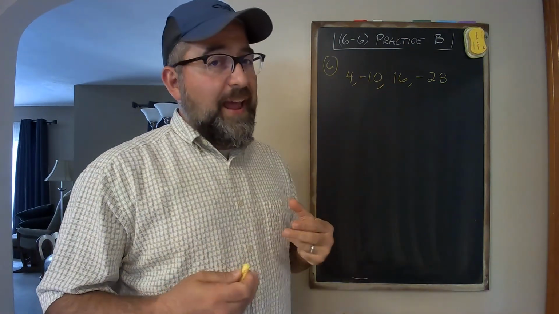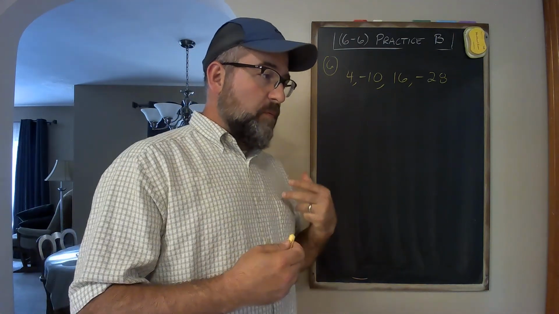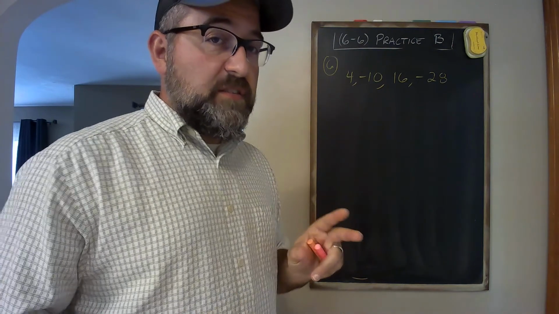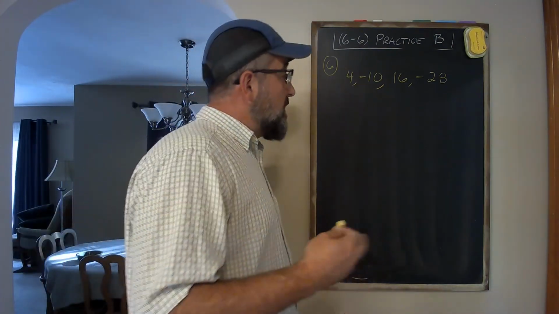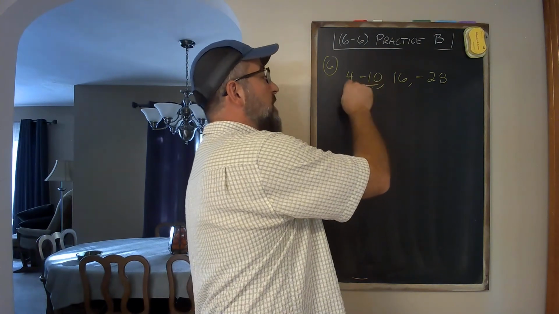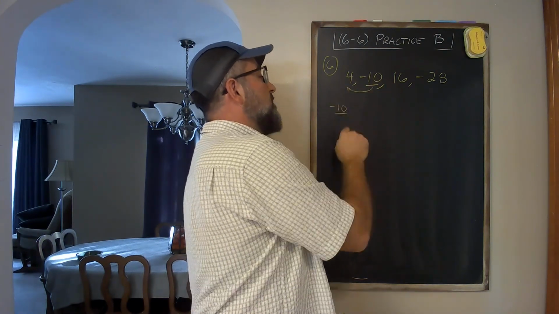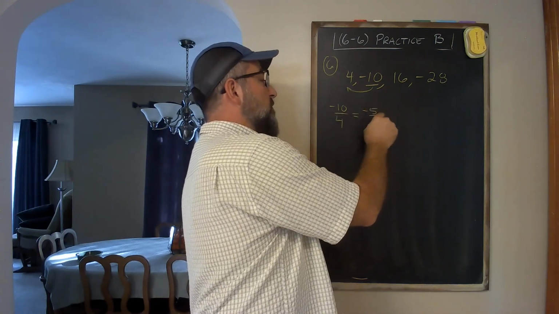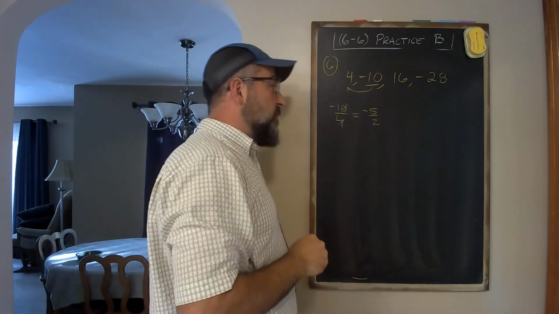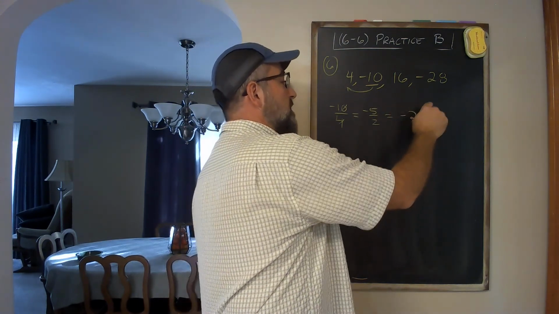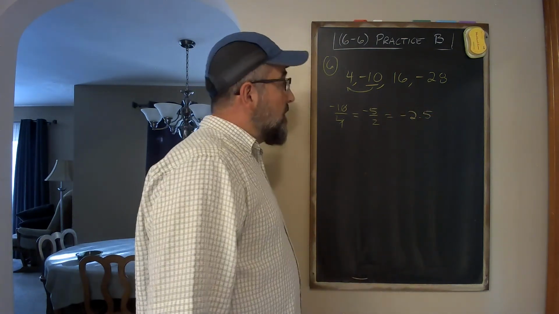There's nothing you can add to something that would make it go from positive to negative every single time. So if this is anything, it has to be geometric. So to check, I'm going to take a term and divide by its previous term. So negative 10, I'm going to divide it by 4, which is going to give me negative 5 over 2 when I eliminate a common factor of 2. It's okay if you used a calculator and did the division to get negative 2.5.